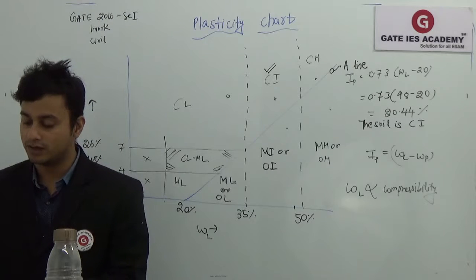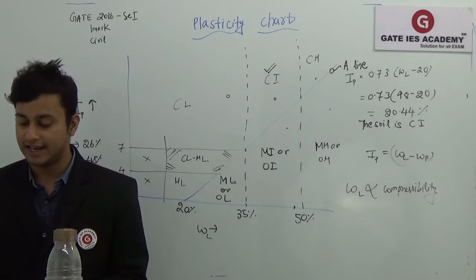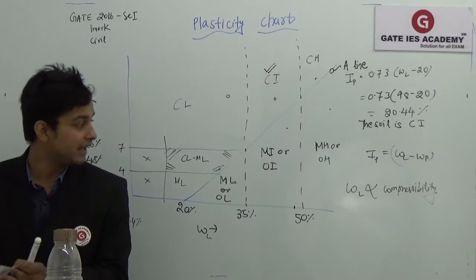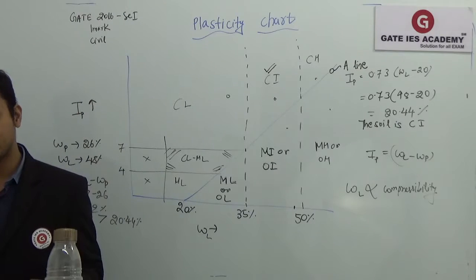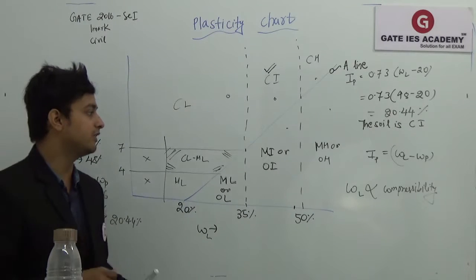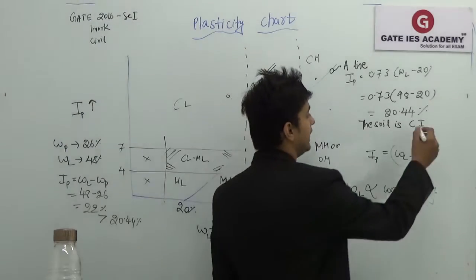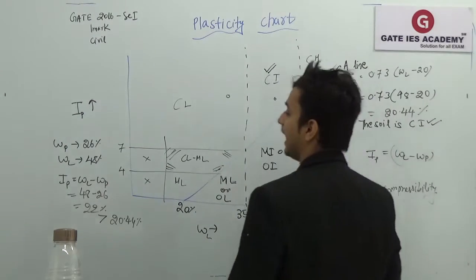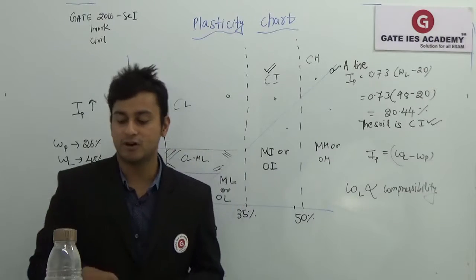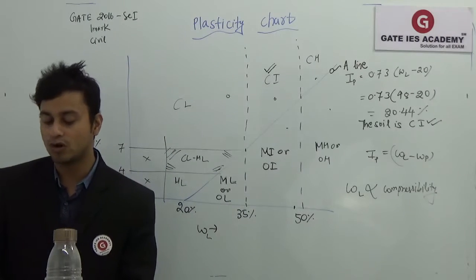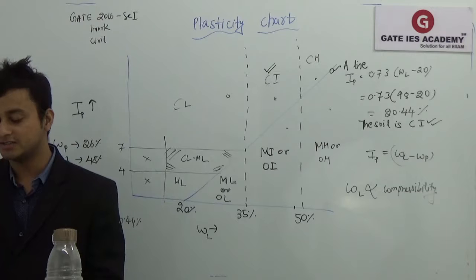The options given were CL, ML, MH and CI. So the correct option will be CI, because it is of intermediate compressibility and it is obviously a clay because its plasticity is more than the value which is given.